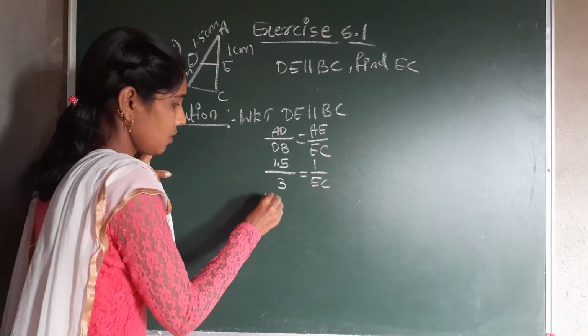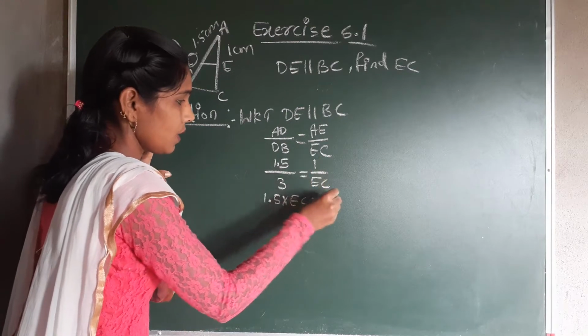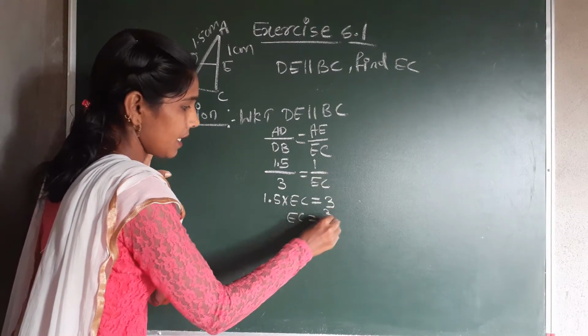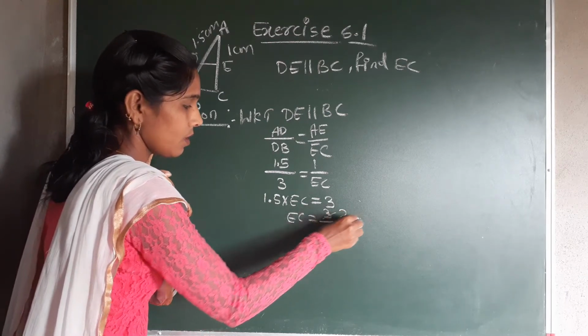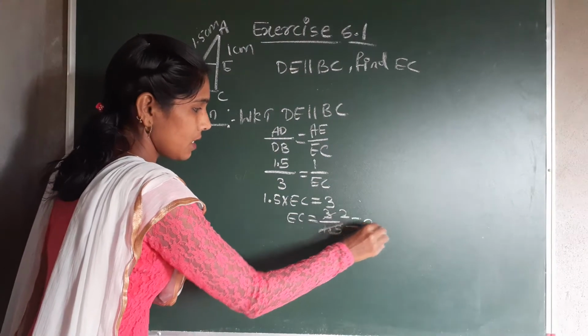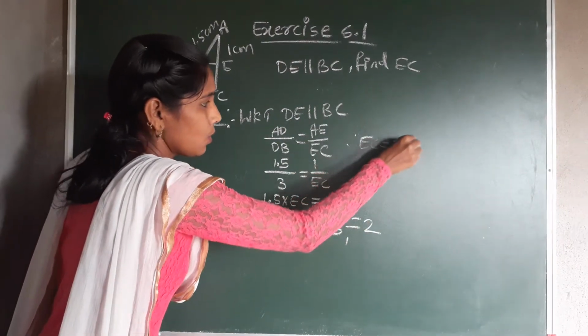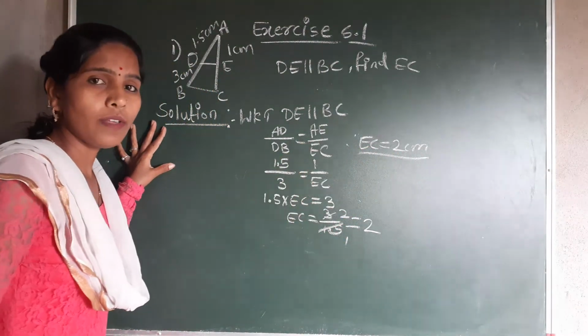Cross multiplication. 1.5 into EC is equal to 1 into 3, 3. EC is equal to 3 divided by 1.5. 1.5 1 is 1.5, 1.5 2 is 3. This is 2. Therefore, EC is equal to 2 centimeter.